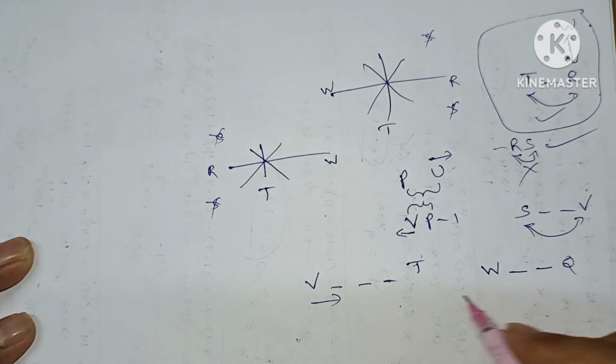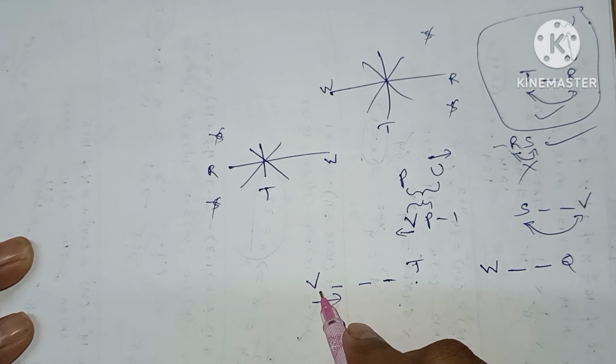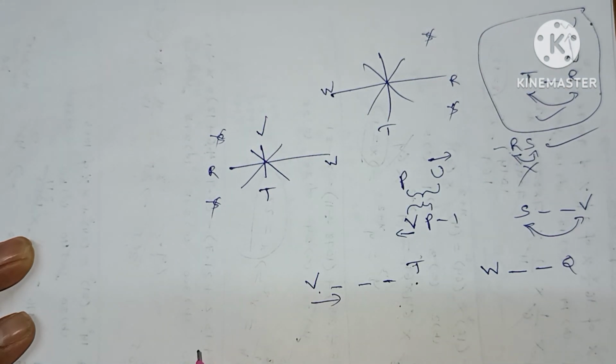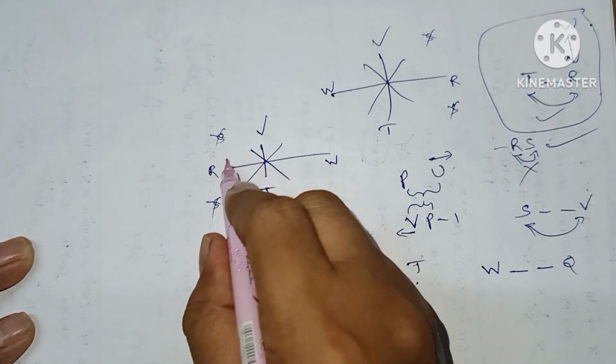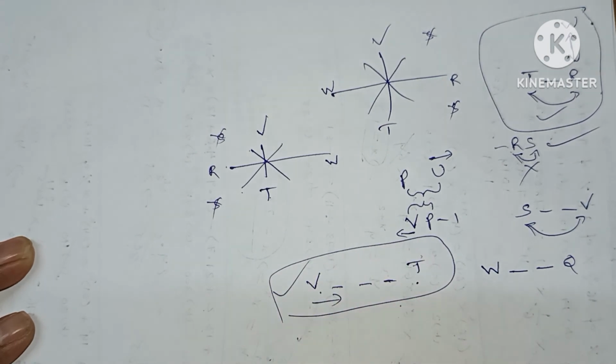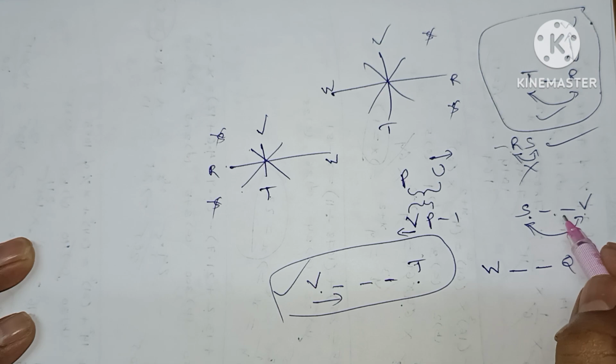Next, T is fourth to the right of V. Okay, so this is the place for V and this is the place for V. 1, 2, 3, fourth one is T. Okay, this is completed. Now S and V have in between 2 people.